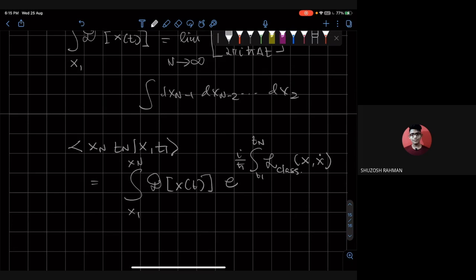Okay, so this is the path integral, the Feynman path integral representation of the propagator.